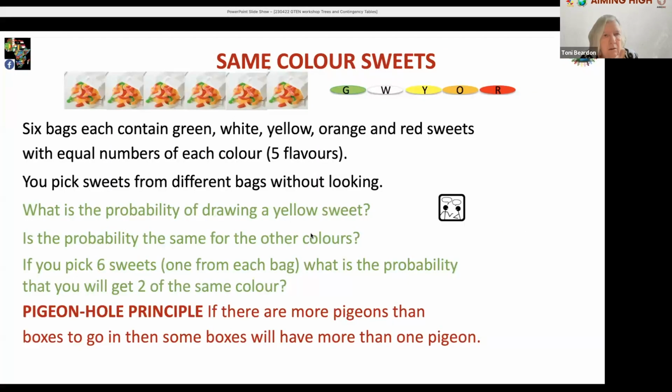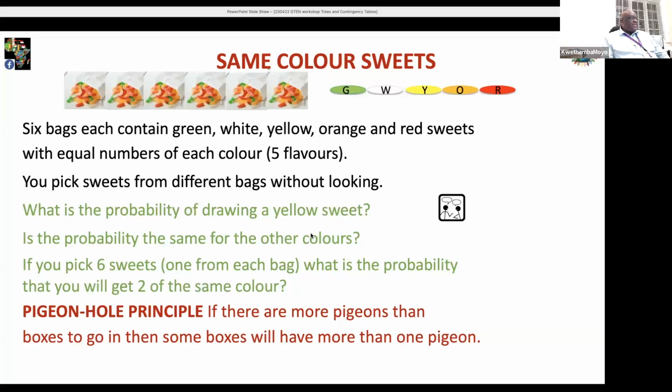Now look at the same color sweets: the green, white, yellow, orange, and red. You have those 5 different packets. There are 6 bags, each containing green, white, yellow, orange, and red sweets with an equal number of sweets for each color.